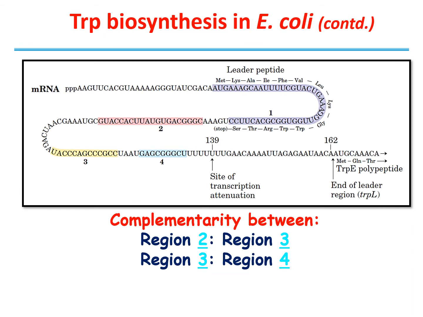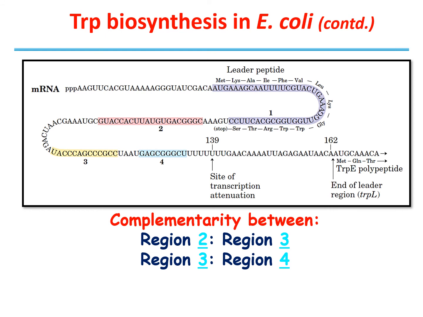How does the attenuator actually work? The attenuator sequence, if you remember, is located in the leader sequence of the mRNA of the trp operon, from the first slide where we discussed the structure of the trp operon. Further, this diagram helps you understand various other components involved. Until this 162nd residue, the nucleotide, it is the end of the leader peptide.